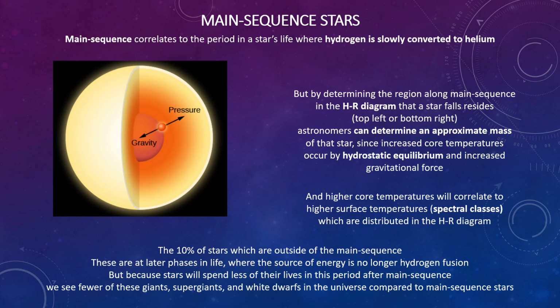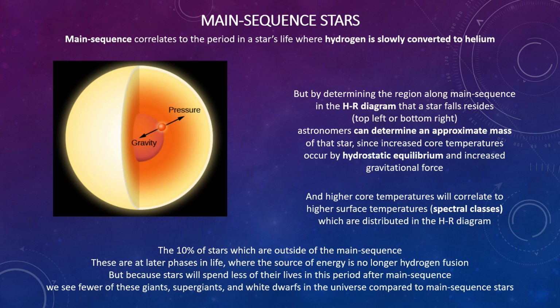And we can determine roughly their approximate mass based on where they fall along the main sequence. Stars that are in the upper left are going to be more massive because they are brighter and hotter.